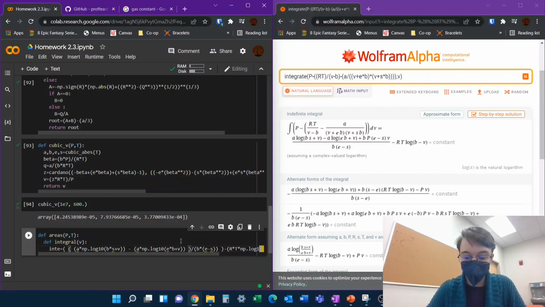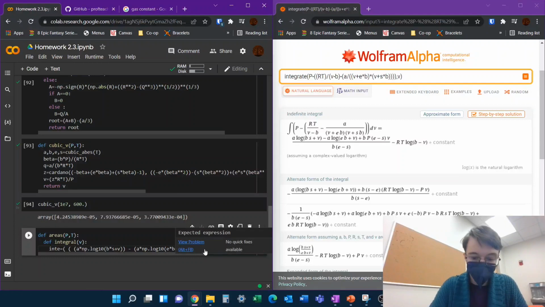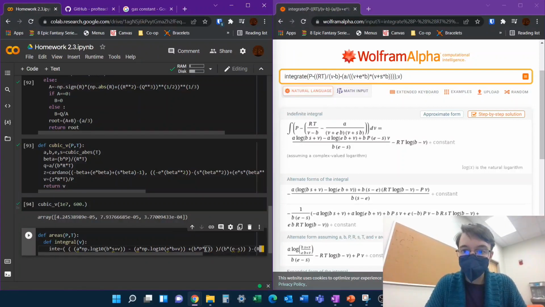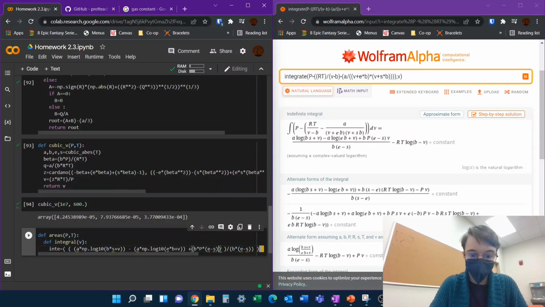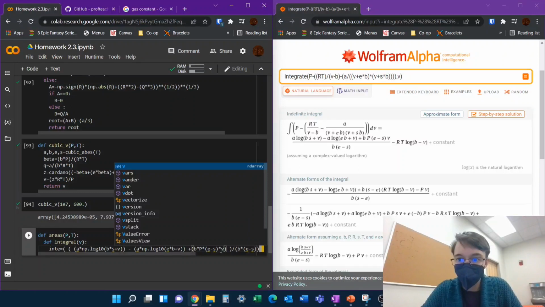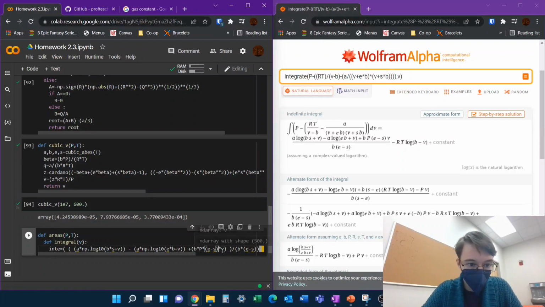And then that will be plus our last term, which is going to be B times the pressure times epsilon minus sigma times the volume. Alright, so I think I've typed all that in.